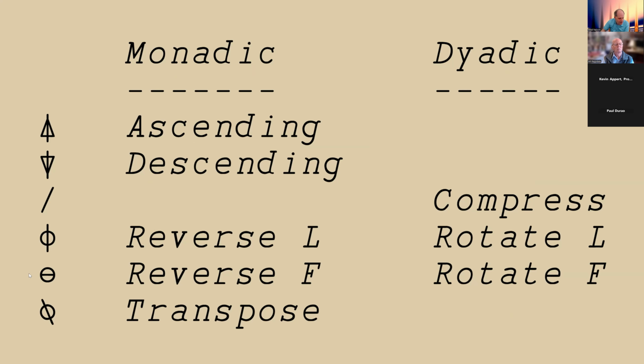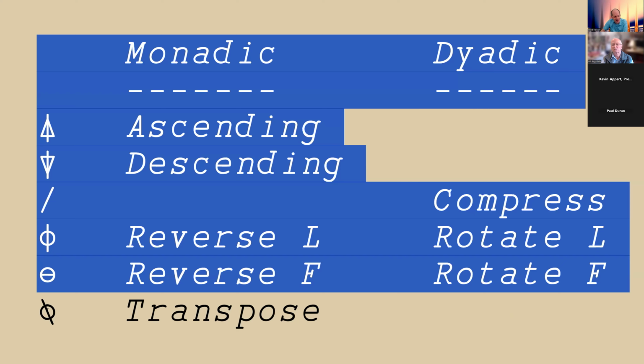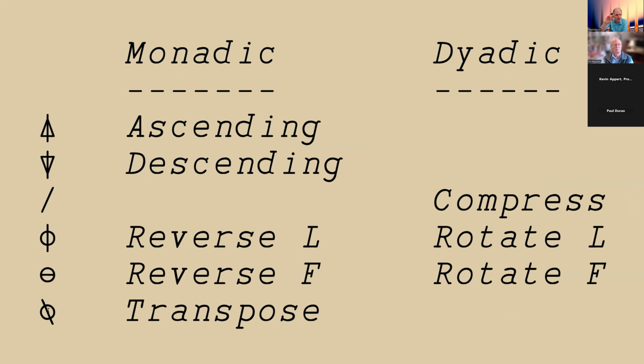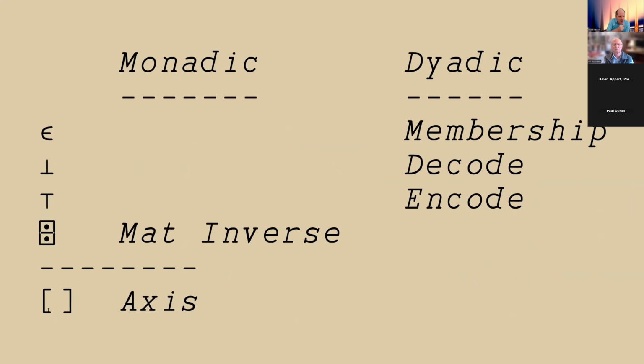And there's visual, you're getting visual things out of the representation. Like this vertical bar is telling you that you're doing it on the first dimension, the last dimension of the thing. Here you're doing it on the first dimension, and then this slanted one, you're doing a transpose, you're flipping it.